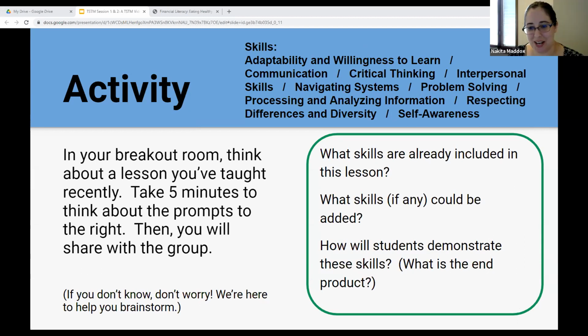And Teresa in the chat box said that she did something similar with the Empower book on estimating. So that's a really good example of how you can take something we are already using, and then either some of these skills may be built in, or you're supplementing it to build up those skills.